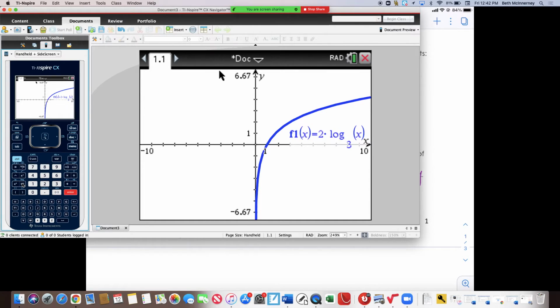I press enter. Then you hit the tab. And I'm going to do the log base 3 of x. Ooh, isn't that cool? So the 2 times, you see my blue one is the 2 times, so it is taller, okay? It is taller out there. All right, any questions on that one?